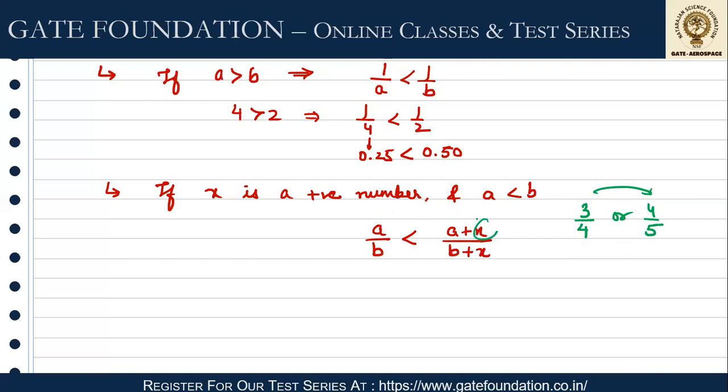So the x in this case is 1, because we are adding 1 to the numerator and the denominator to get the other fraction. So the one which is smaller without adding will remain smaller. So over here this sign holds true, right? Because 3 plus 1 and 4 plus 1 gives 4 by 5. So this is the case we are getting.